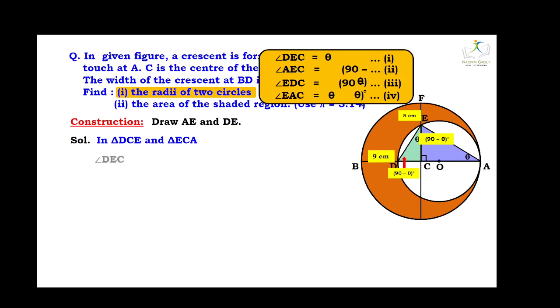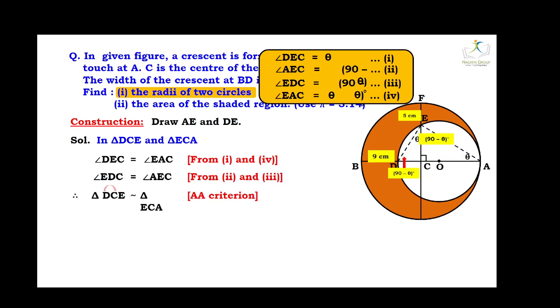When two triangles are similar, we have to use similarity, correct? By AA criteria, these two triangles are similar. When you come to similarity, then we can write the ratio of the sides. So we can write DCE is similar to ECA.